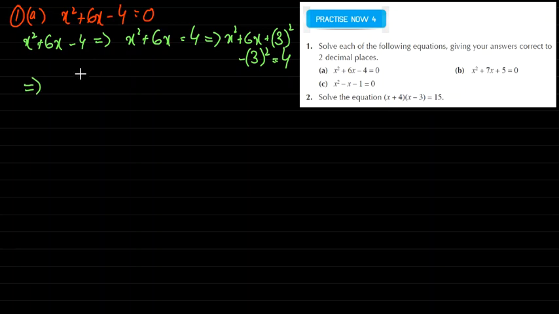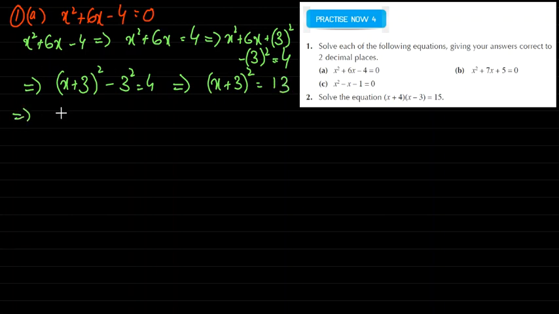So it becomes x plus 3 whole square minus 3 square is equal to 4, which becomes x plus 3 whole square is equal to 4 plus 9, because negative 9 when shifted to the other side becomes positive. So 9 plus 4 is 13, right?